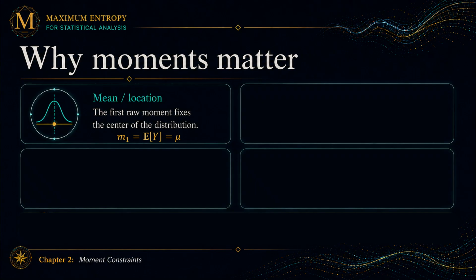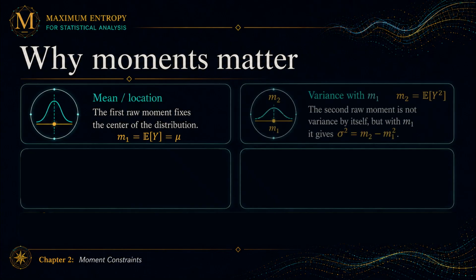It encodes the central tendency, or you might call this the location of the distribution. The second moment, the expected value of y squared, when combined with the first moment, we can get the variance or the spread of the data.